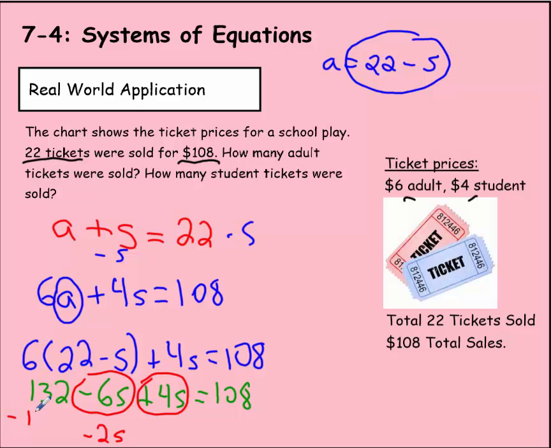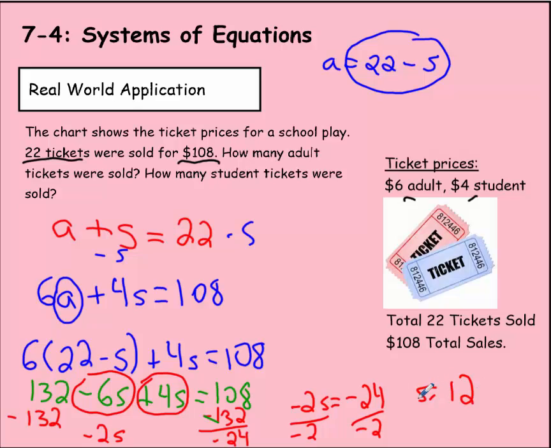We're going to subtract 132 from both sides. 108 minus 132 would be negative 24. So negative 2S equals negative 24. Divide both sides by negative 2. So S equals positive 12.